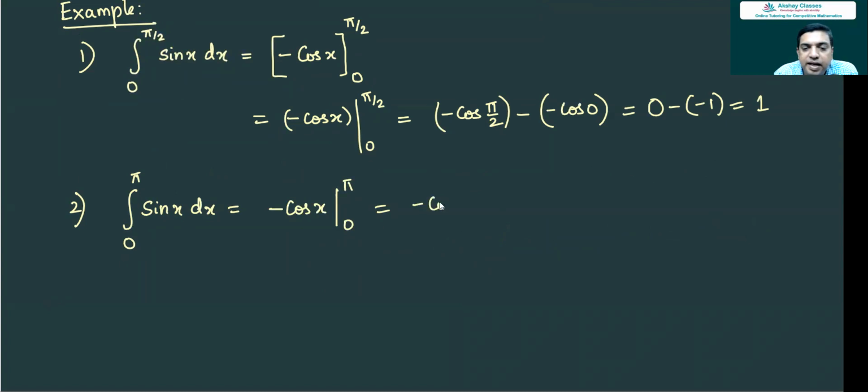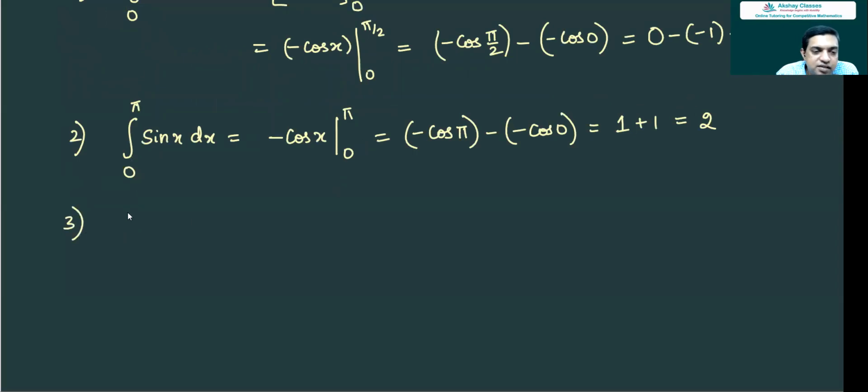That is minus cos pi minus of minus cos 0. Cos pi is minus 1. So minus of minus 1 is plus 1, and minus of minus 1 is plus 1. So the answer is 2. Integral 0 to pi sin x dx, the answer is 2.